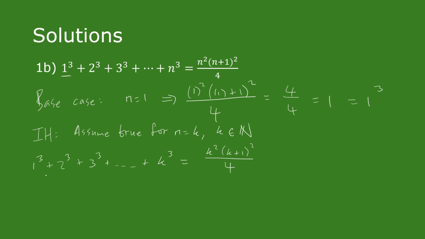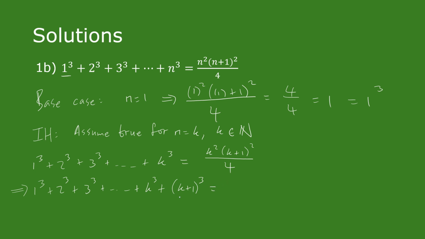So if we look at our series here, we've got 1 cubed, and then we've got 2 cubed, and then we've got 3 cubed. So it's the next number cubed. So if we continue with the series, we have 1 cubed plus 2 cubed plus 3 cubed plus all the way to k cubed, and then the next number would be k plus 1 cubed.